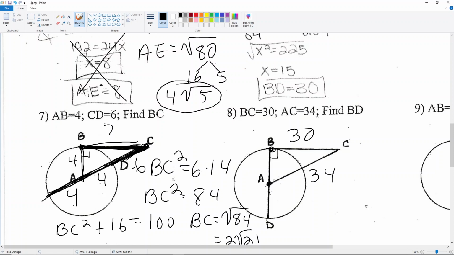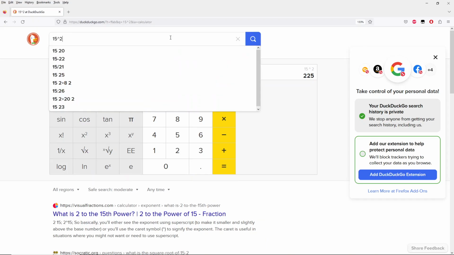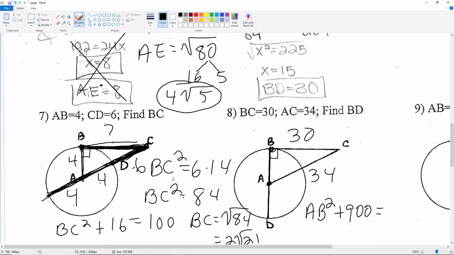So AB squared plus 900 equals 34 squared, which is 1156.